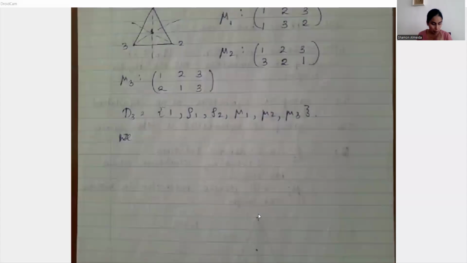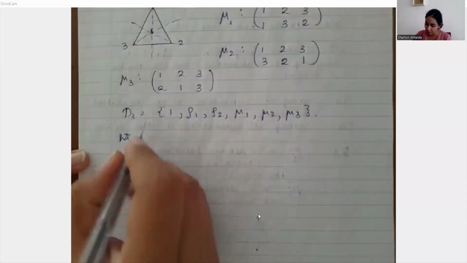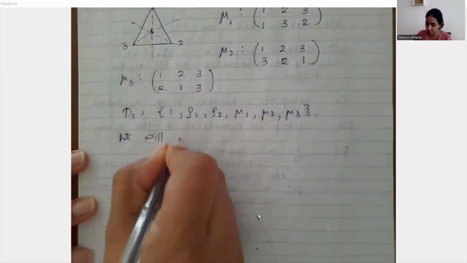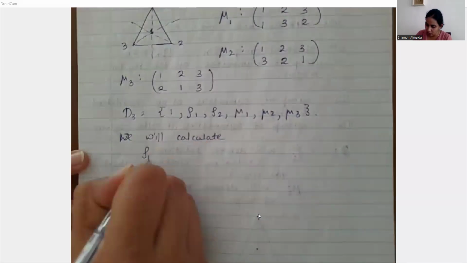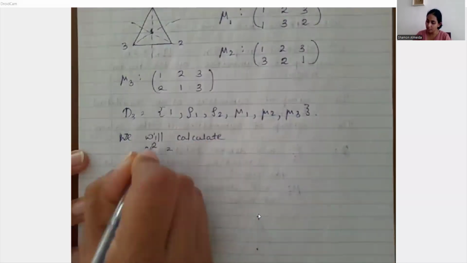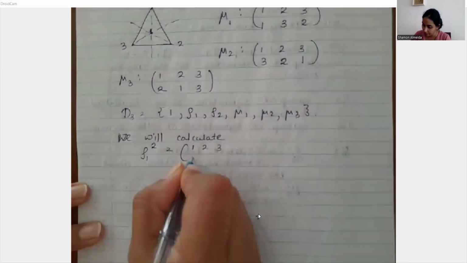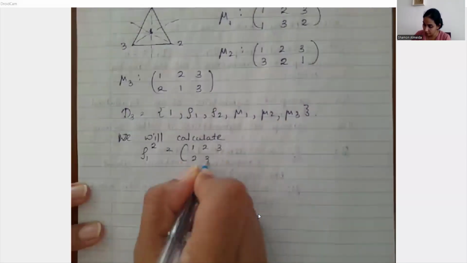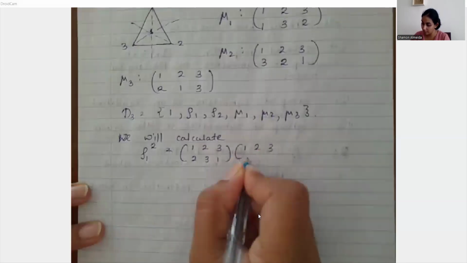So first, what we are going to do is calculate rho 1 squared. That means we have to take the composition of these two functions, of the same function, right? Rho 1 by itself.